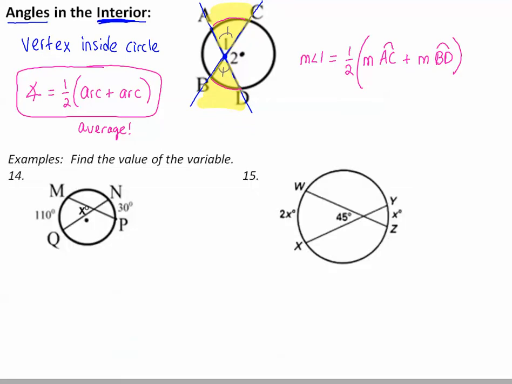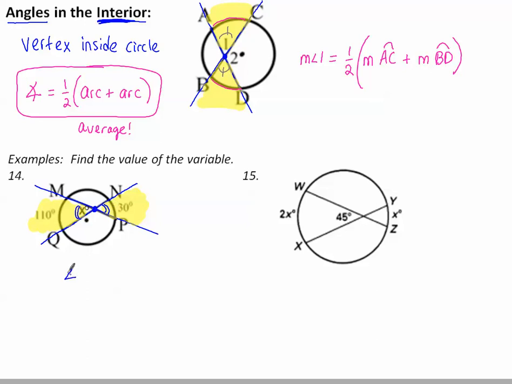Let's look at a couple of examples. Find the value of the variable. So I see angle has a vertex inside the circle. In fact, you know I always like to trace the sides of the angle longer than it's drawn. Then I can see where's the light shining here, and its vertical angle always going both ways there. So if I need to help to remind, I can put my little congruent angle marks.